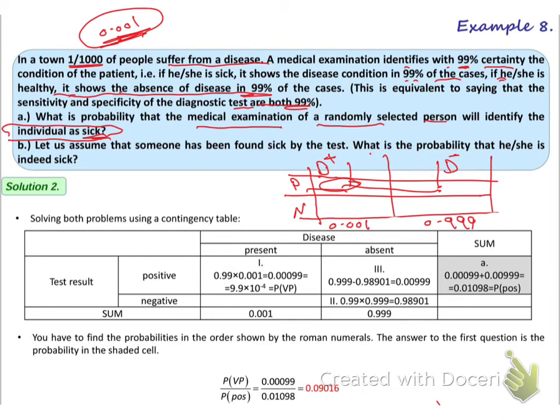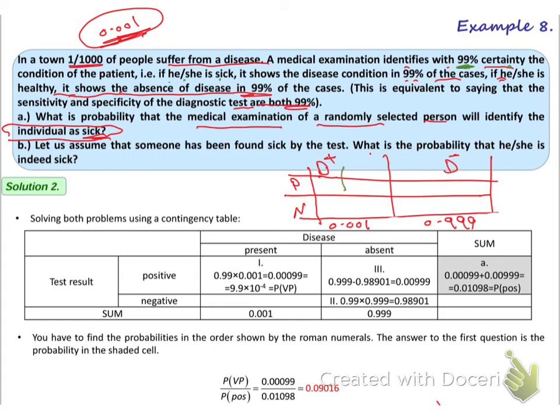So let us see what is given in the problem here. He has said that a medical examination identifies the condition of the patient with 99% certainty. If he is already sick, it shows the disease condition with 99%.